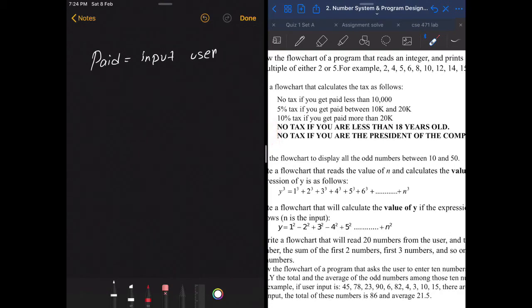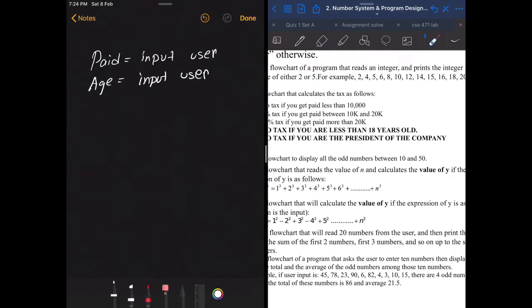The first one is no tax if you are less than 18 years old. So we need to definitely know the age of the person. So that would also be input from the user. And next up, we need to know the position of the person in the company.